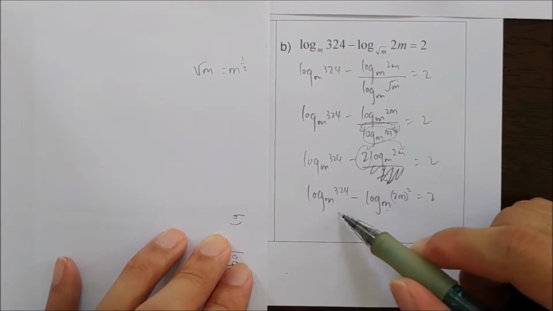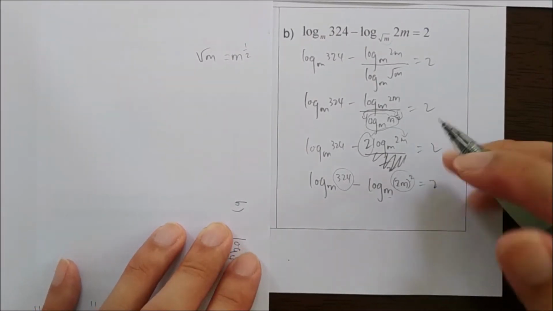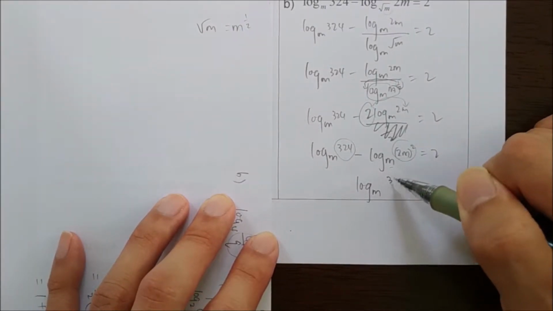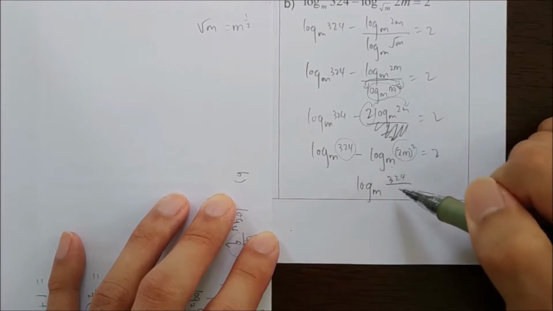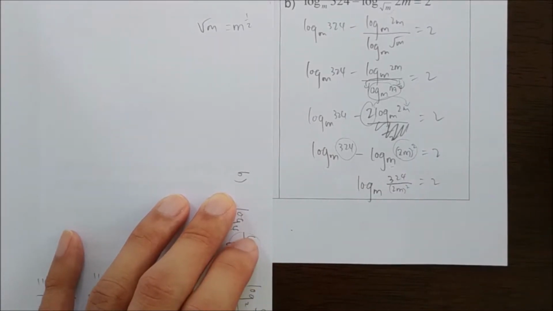Since they have the same base now, we use the quotient rule. We can combine this value and this value. We will get log base m of 324 over 2m squared equals 2.